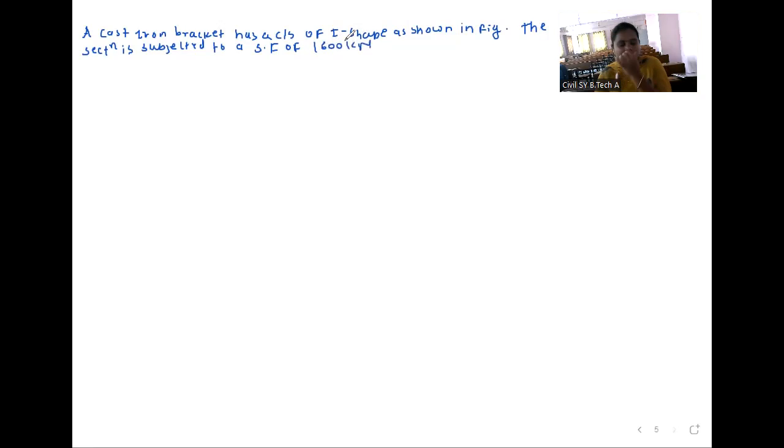Draw the shear stress distribution over the section.